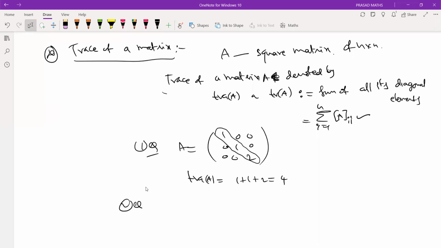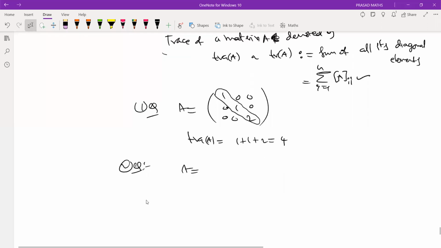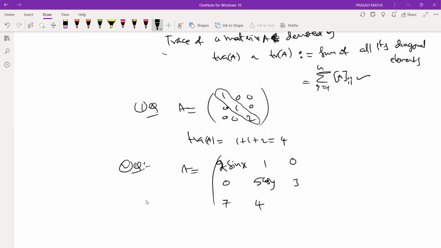Suppose your matrix is 2 sin x, 1, 0, 0, 5 cos y, 3, 7, 4, 3 sin z.